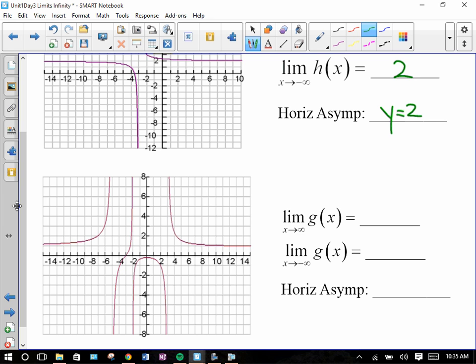What is the limit as x approaches infinity? 1, because as we get further and further out on that graph, it's getting closer and closer to the y value of 1. What about as x approaches negative infinity? 1. Okay, cool. So what's our horizontal asymptote? Nice. The horizontal asymptote is equal to the limits as x approaches infinity or negative infinity.